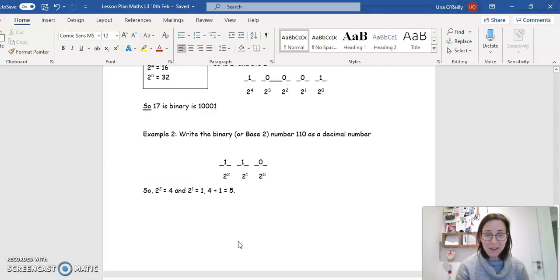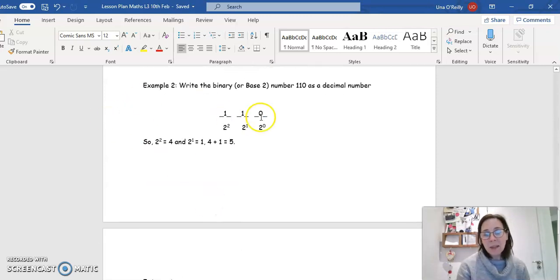It's not easy. This example here is converting the binary number 110 to a decimal number. Now that looks like 110, but it's not, because you're told it's the base 2 number 110. It's not 110 in decimal. And the way you do that is, like I said, you read the numbers from left to right. So there's the 1, 1 and 0.